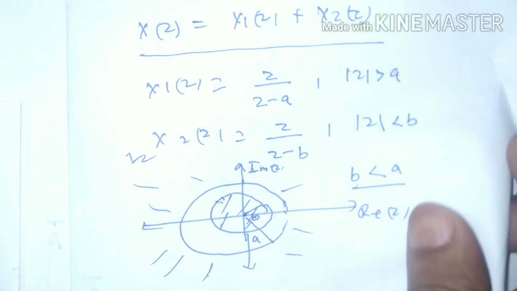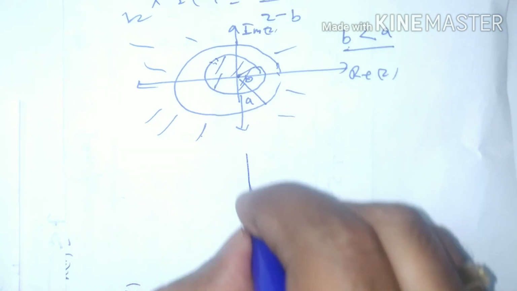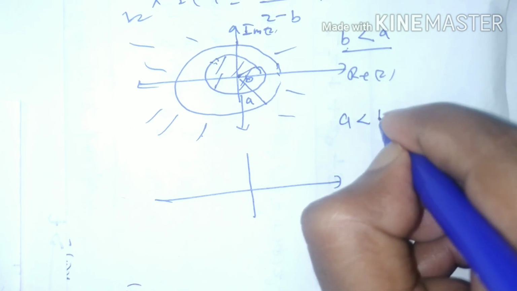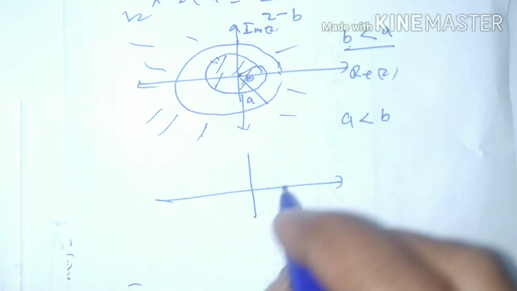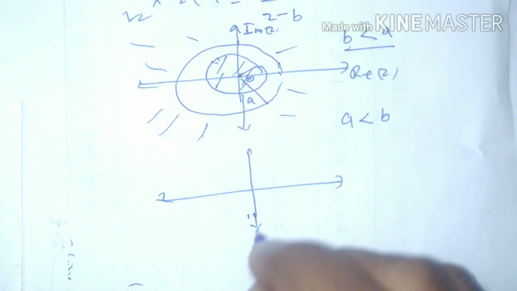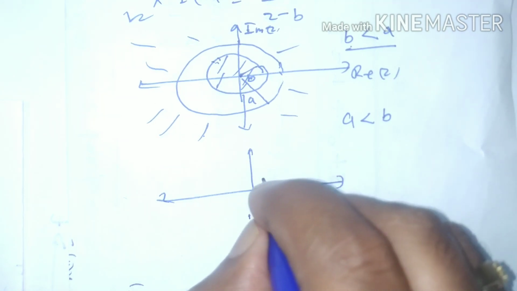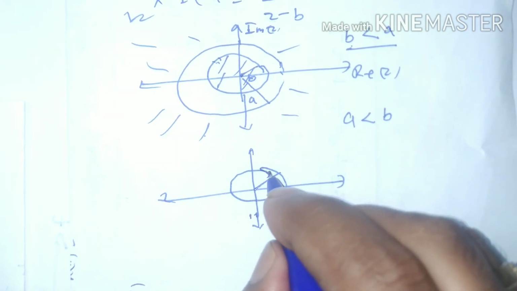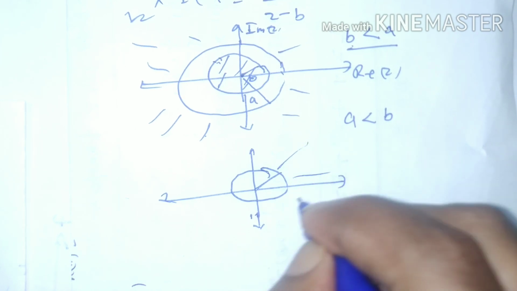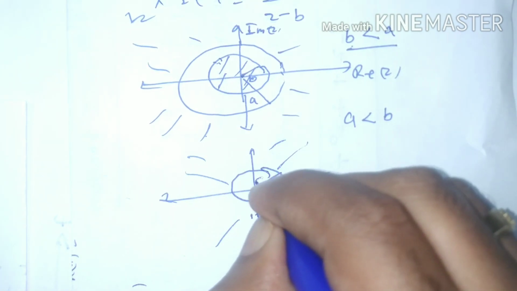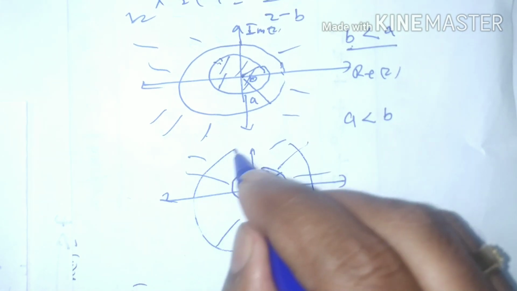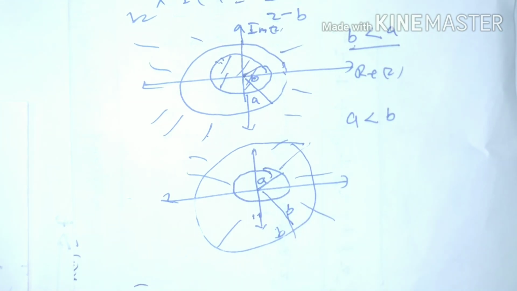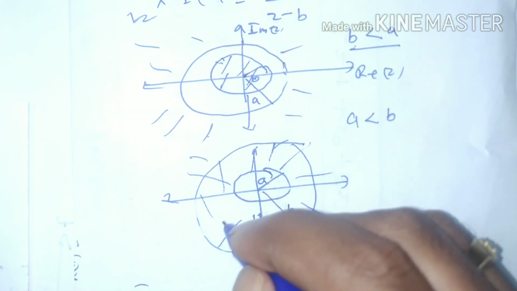So the Z transform only exists when a is less than b. When a is less than b, in this case this is the ROC of the Z transform: the exterior part of this circle, here it will be a, and here it will be b, and its ROC will be the inner part of this circle.